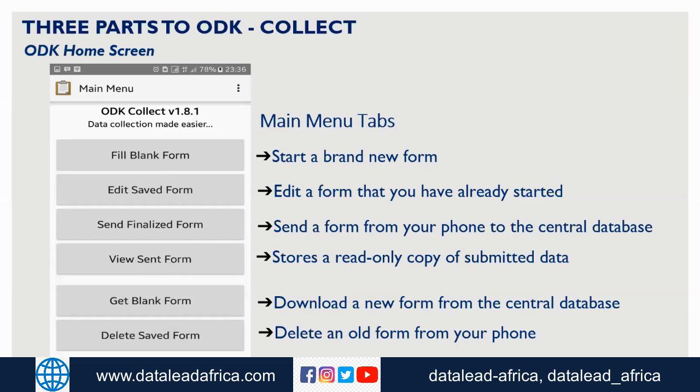So I can be on the field and collect like 100 data points, 1,000 data points, then return to my base where there's internet. That's when I send finalized. So once you say send finalized form, just select all the forms you want and click send.